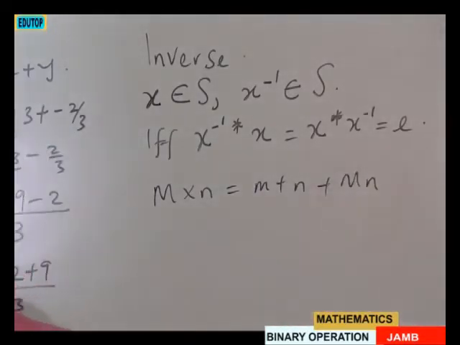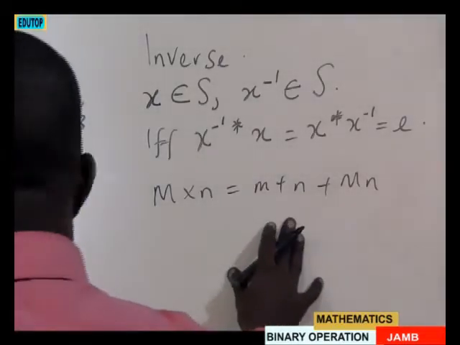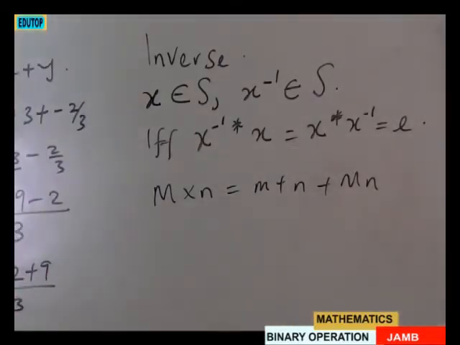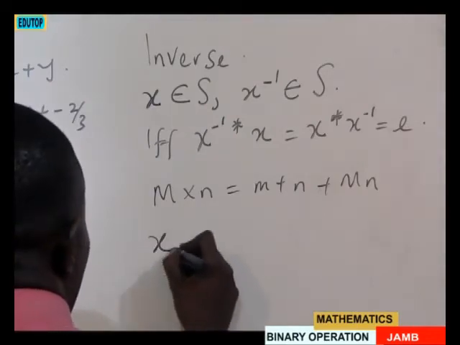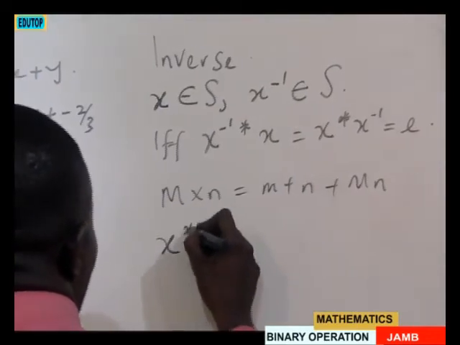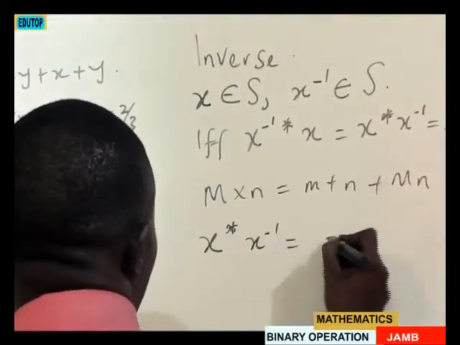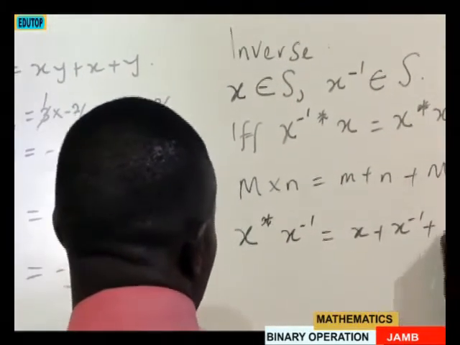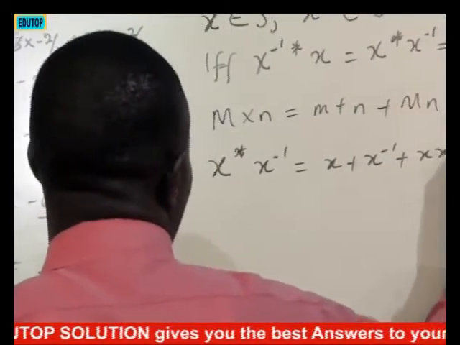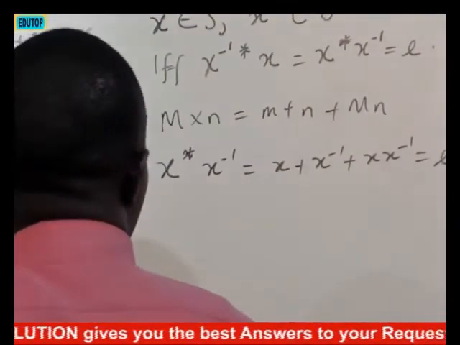It should be noted that this is the operation for this particular one. So in that situation, we have x star x inverse will definitely be x plus x inverse plus x x inverse, which must be equal to our identity.